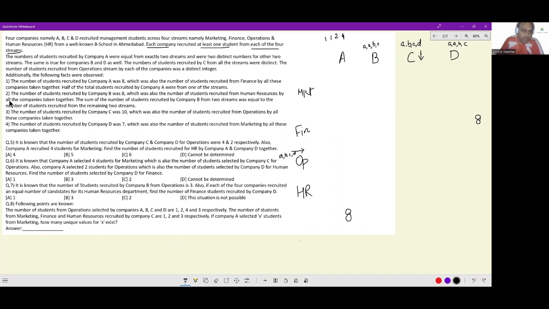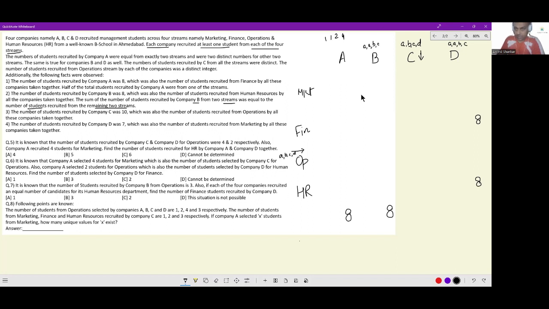Okay. Next instruction. The number of students recruited by company B was 8, which was also the number of students recruited by human resources by all the companies taken together. So HR also had 8 people recruited in total. The sum of the number of students recruited by company B from 2 streams was equal to the number recruited from the remaining 2 streams.